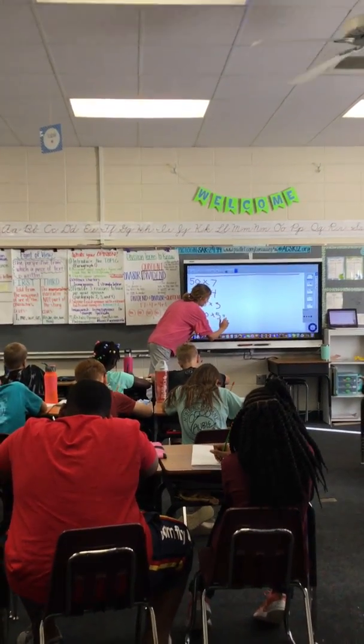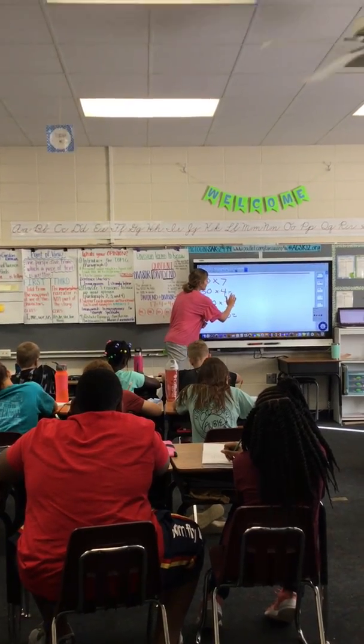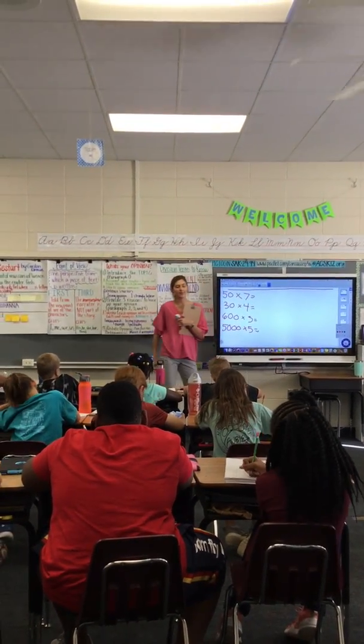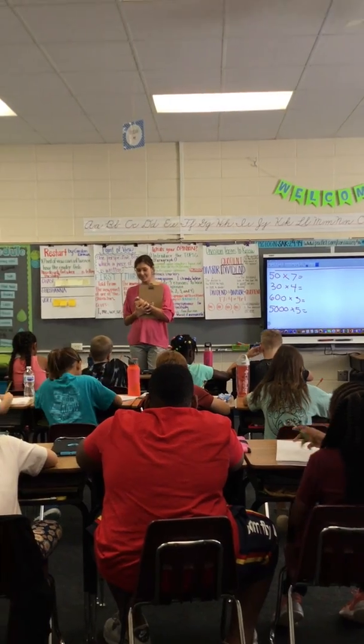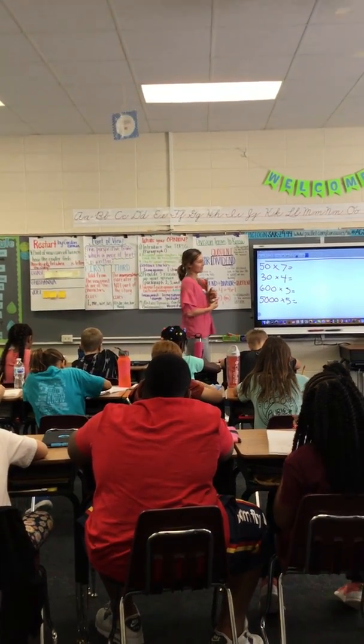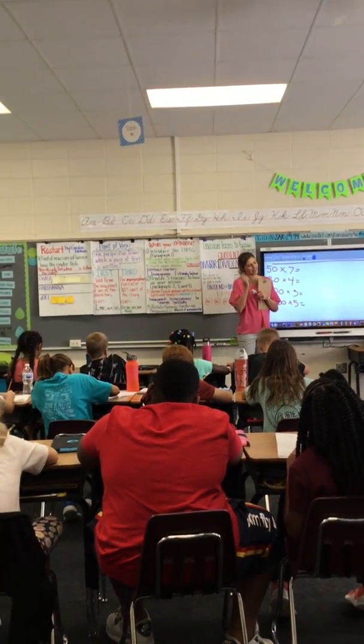All right, independently, I want you to solve these 4 problems, and then we're going to talk about them. I know you can all do them. They're big numbers, but think about your place value.